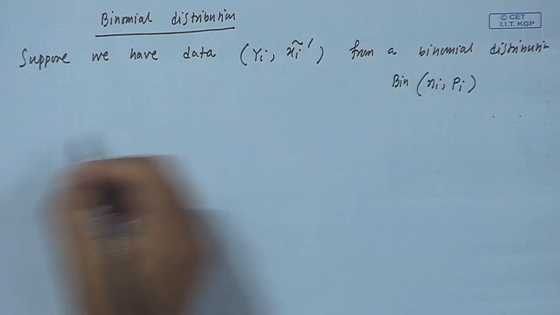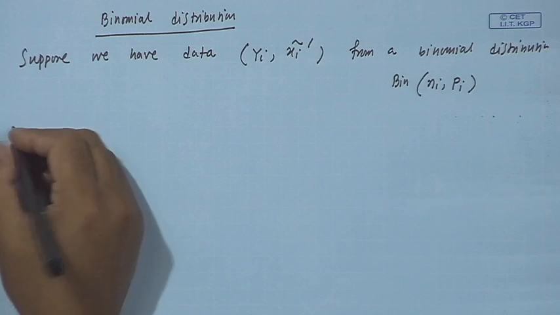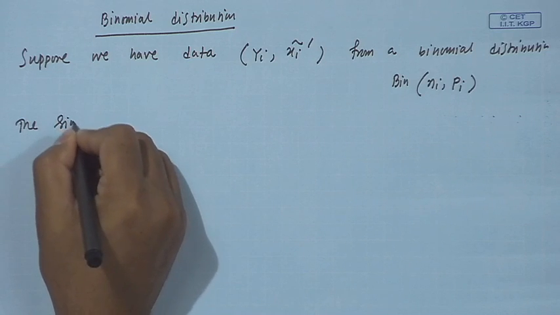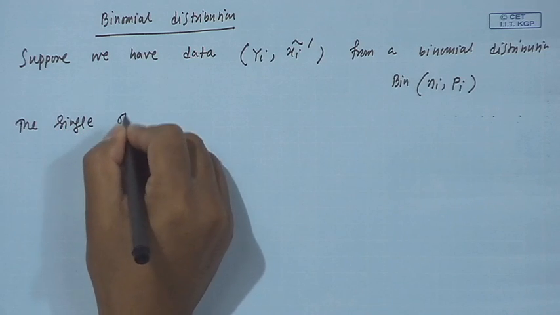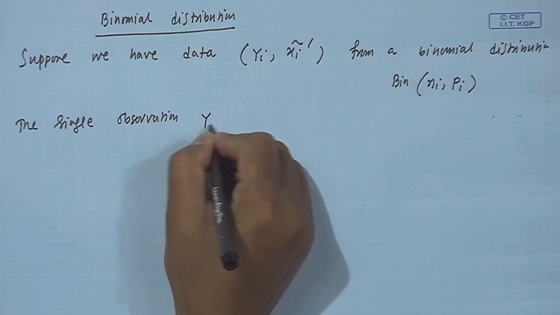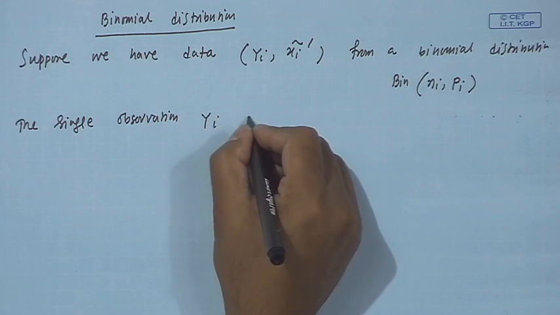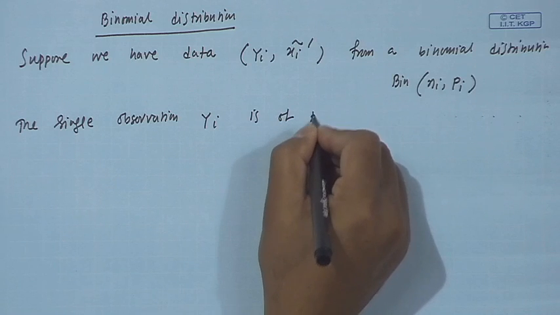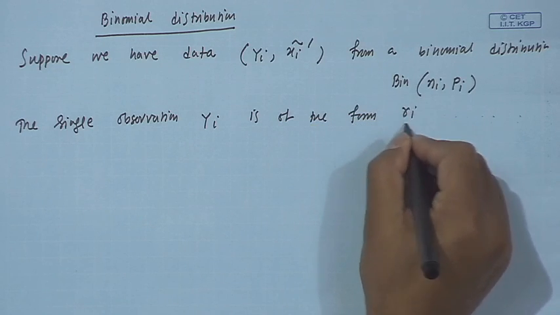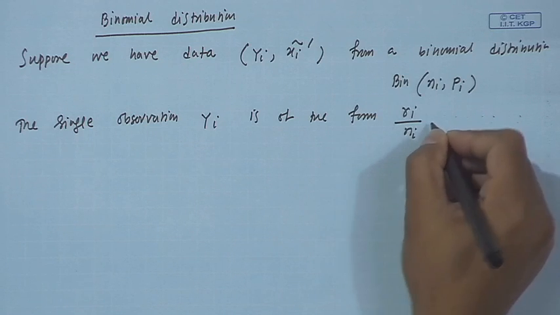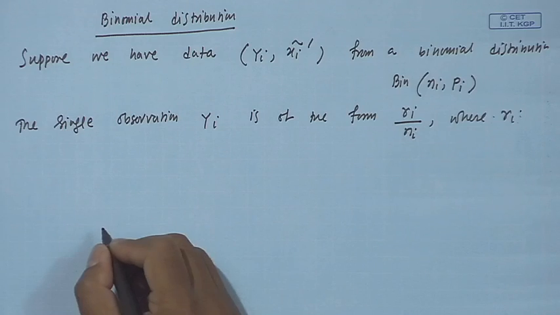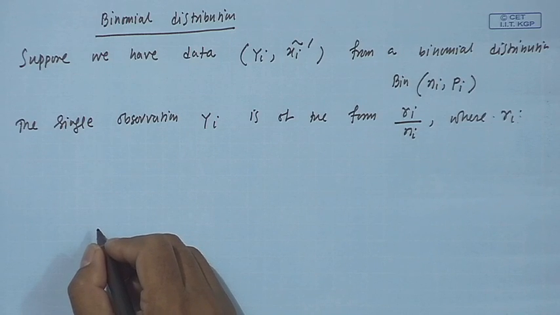Now, this single observation y_i is of the form r_i / n_i, where r_i is the number of successes in n_i trials.